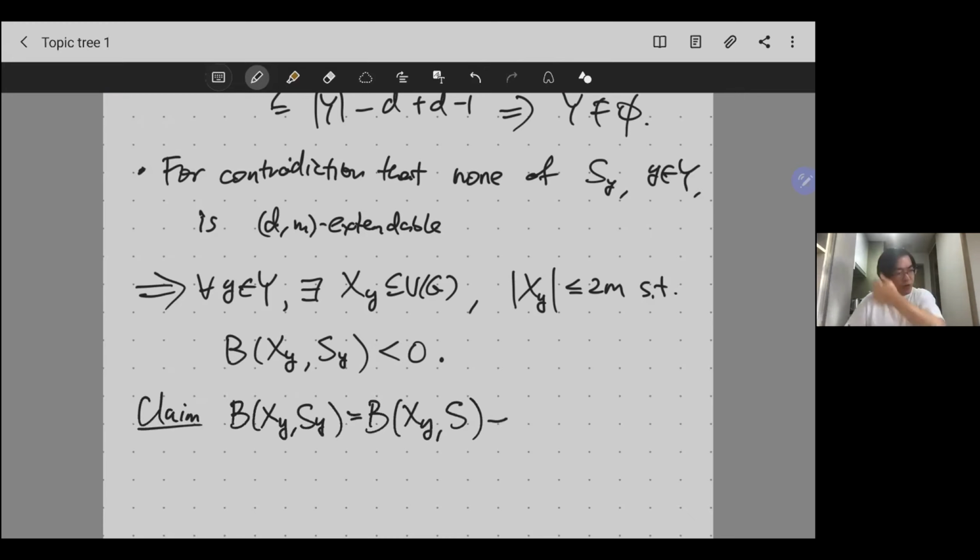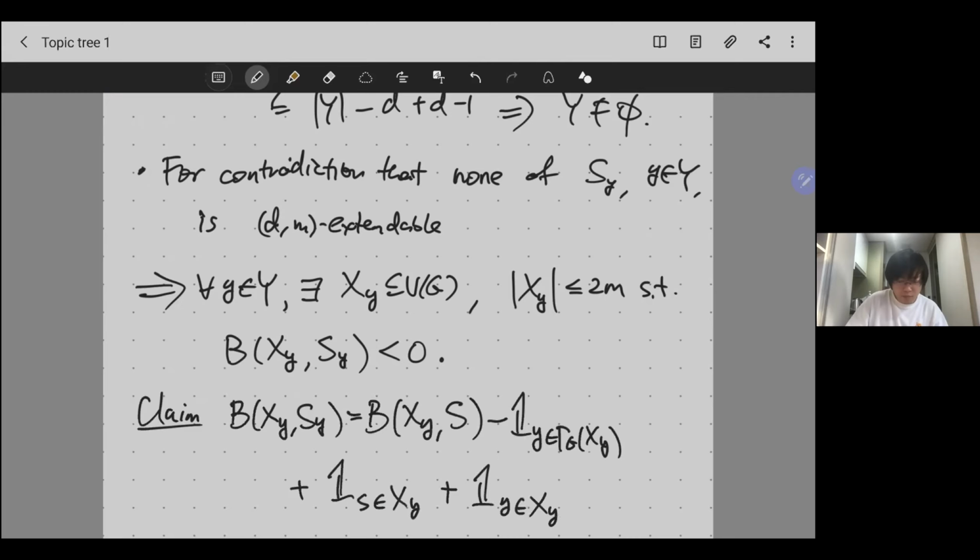Let me write it down. The difference is minus the indicator that y is in the neighborhood of X sub y, plus the indicator that s is in capital X sub y, plus the indicator that y is in X sub x.